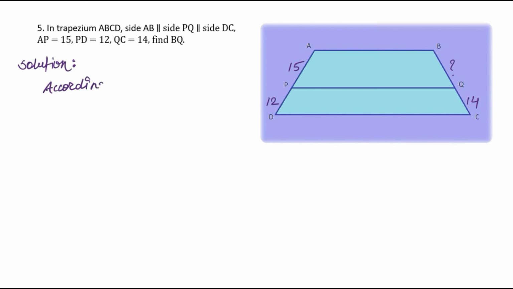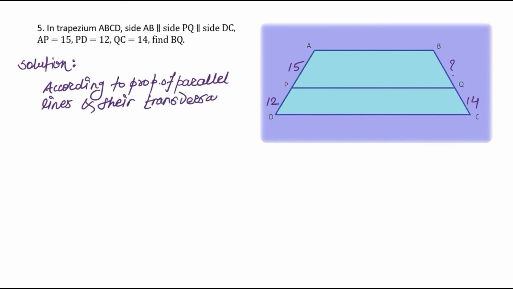According to the property of parallel lines and their transversal, we can write AP upon PD is equal to BQ upon QC.